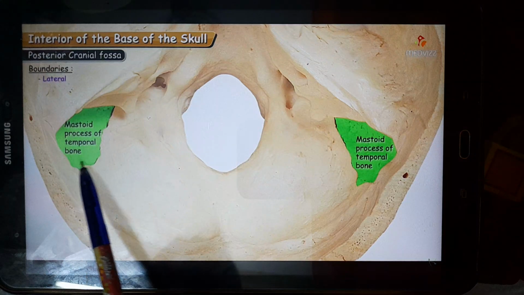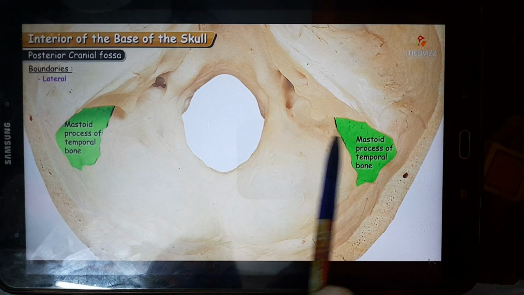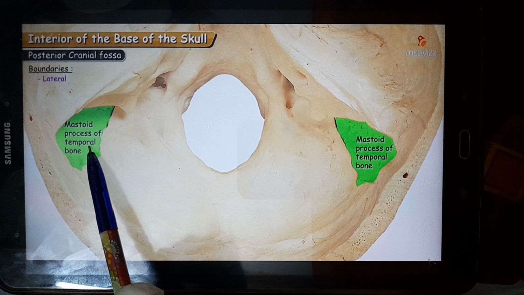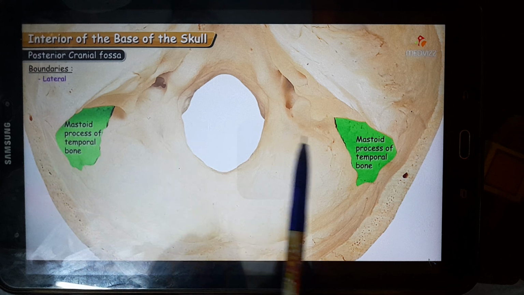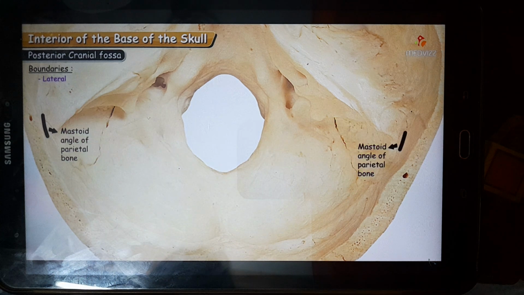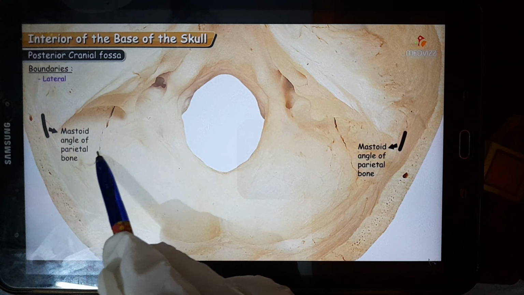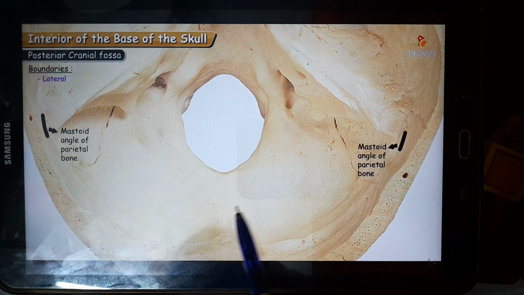Laterally we have the mastoid process of the temporal bone, and this middle one was the squamous part of the occipital bone, and these are the mastoid processes of the temporal bones on both the sides. Now this is the mastoid angle of the parietal bone. The angle is of the parietal bone, whereas this process is of the temporal bone, and this portion is of the occipital bone.